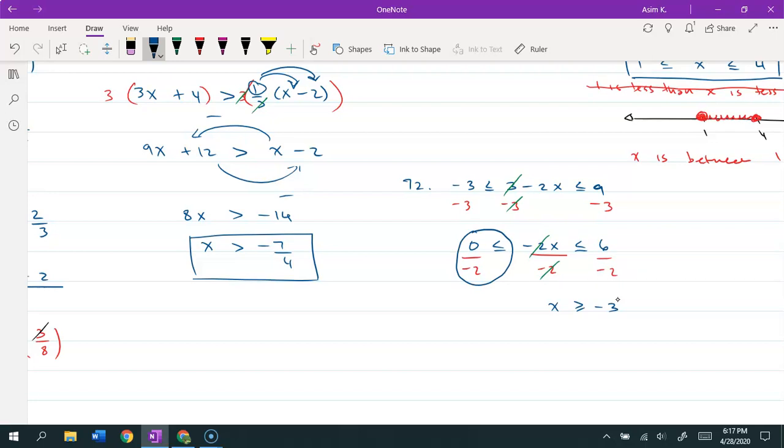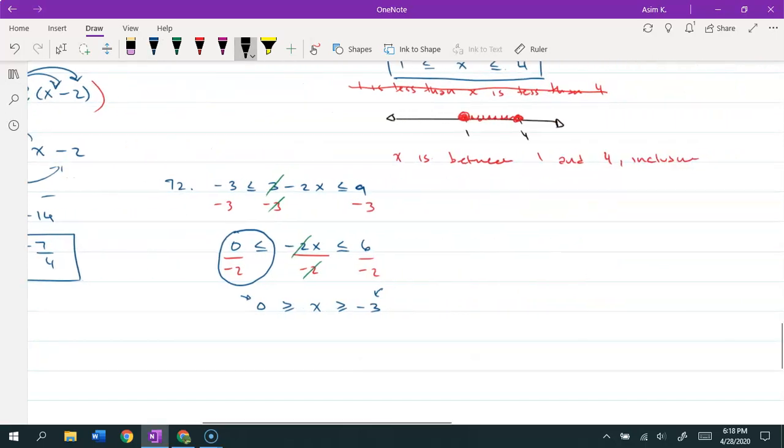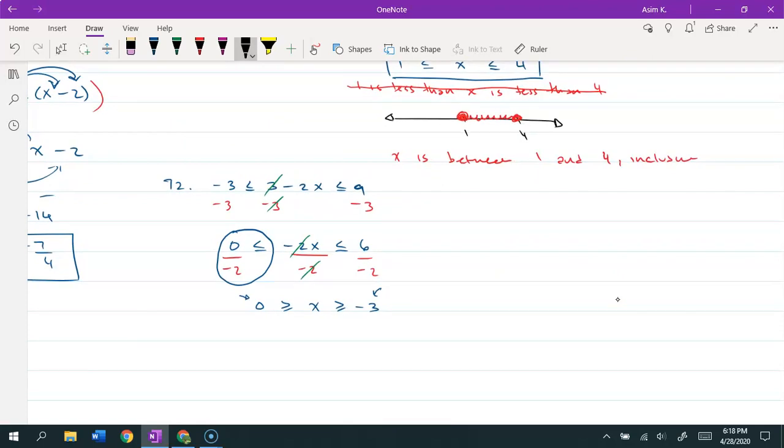Think about how you would have said x, and then you would have said 0, all right? So what are you really trying to say here, right? Because technically negative 3 is to the left on the number line, right? And 0 is on the right. So here's what I mean to say. All right, this is a tricky question. Initially it looks like it's just more of the same, but it's not.